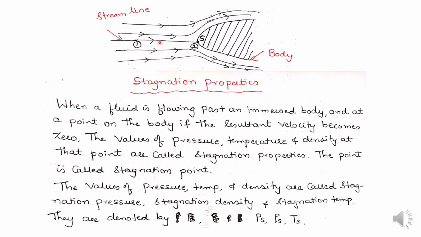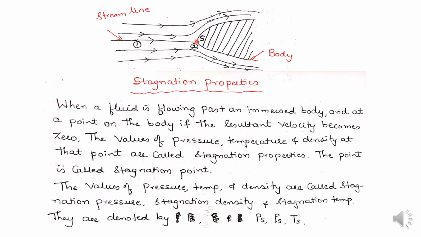See here, this is the fluid flow and this is the body. The fluid is flowing past an immersed body. Let me consider this as point 1. Already we know the nature of the fluid: when it comes in contact with the solid body, the first layer of fluid particles sticks to the solid surface.